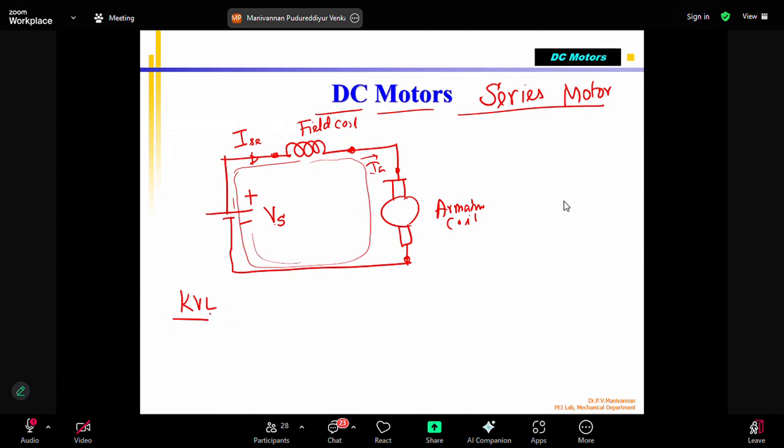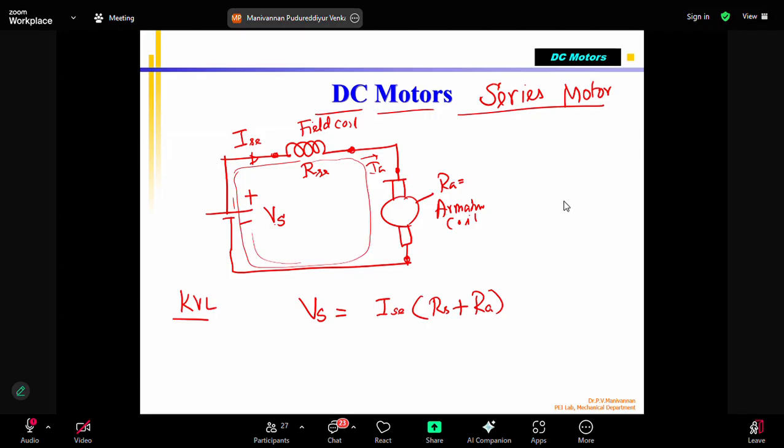KVL across this gives V supply from the battery equal to I series multiplied by the resistance of this coil, which we call the series coil resistance, R series or RSC, and this one we call RA, the armature coil resistance.